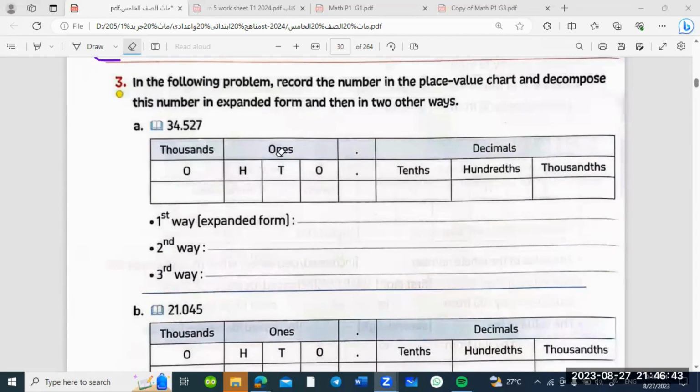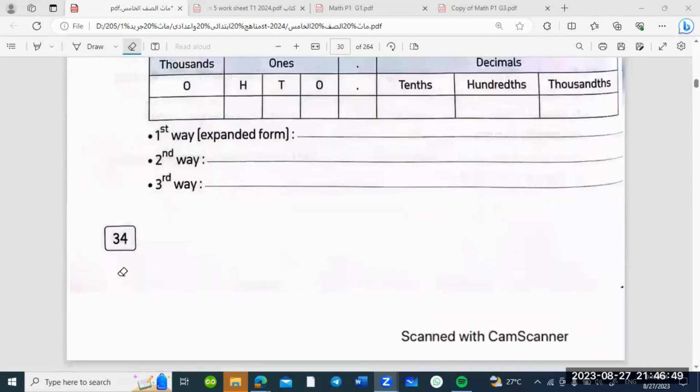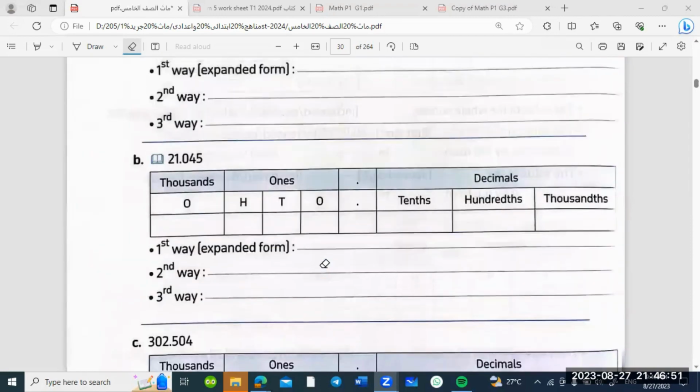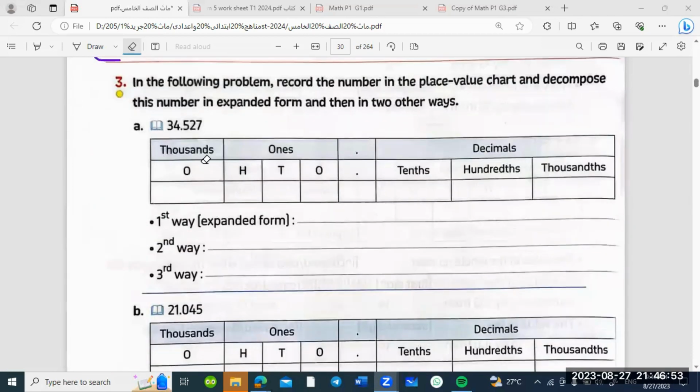The next part in the lesson will be about the expanded form. Can you see question number 3? It's page 34. In the following problem, record the number in the place value chart and decompose this number in expanded form and then in two other ways.